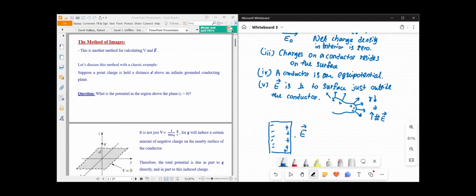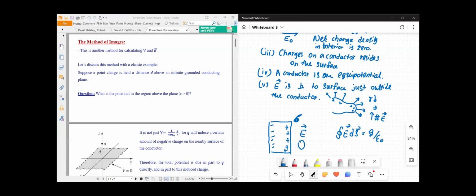So what can we do here? We can use Gauss's law. The integral of E dot dS is equal to Q over epsilon naught. So let's say the charge density on this surface is sigma. And what kind of Gaussian surface can I consider in this situation?